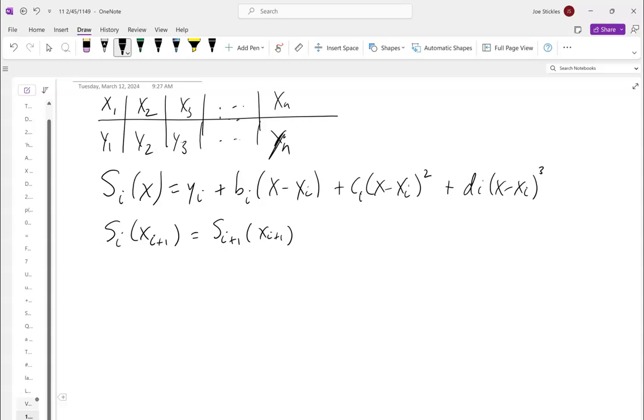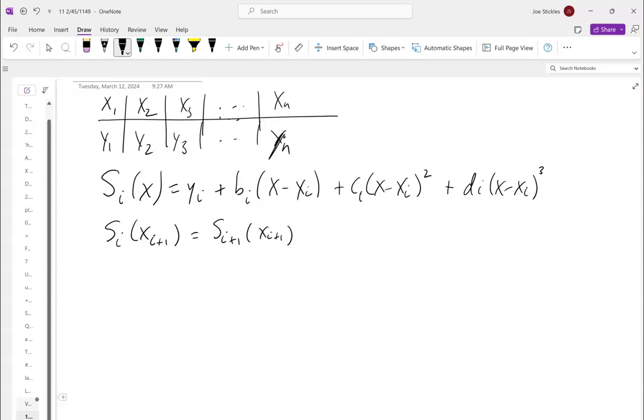This is saying that when I get to the right endpoint of the ith polynomial, I have to have the same function value as when I'm at the left endpoint of the i plus first polynomial, right? So this is going to give you n minus 1 equations, because I've got n minus 1 polynomials to start with, right? I think this gives us n minus 1 equations.